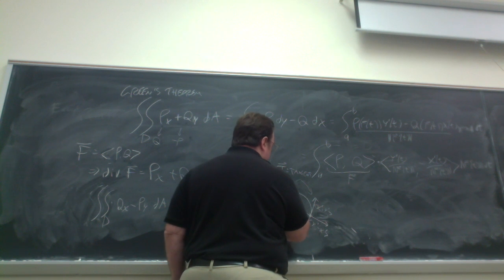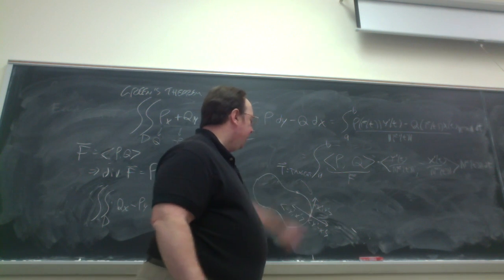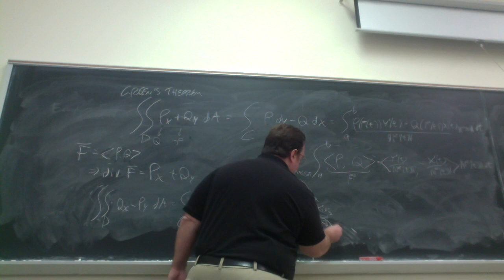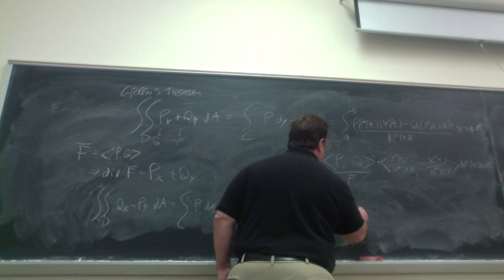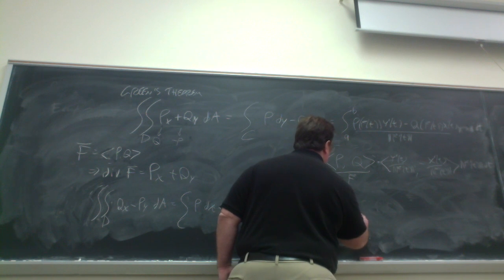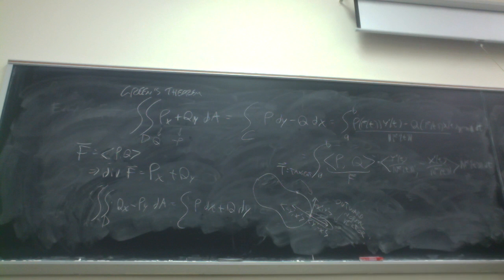Or I can flip it around: I have minus y prime, x prime. So both these vectors are perpendicular to this one. I'm going to choose this one. This is the outward normal vector. Outward because it's pointing outside the region.